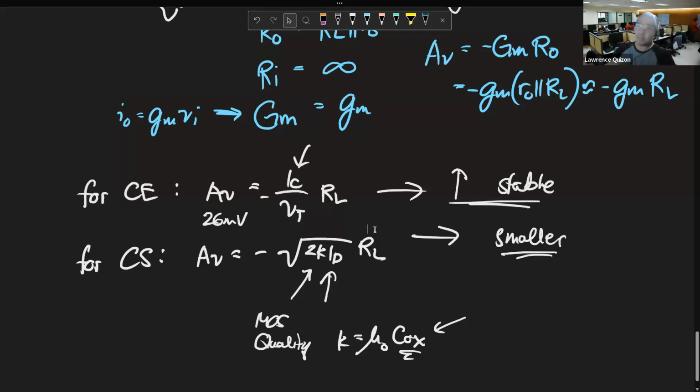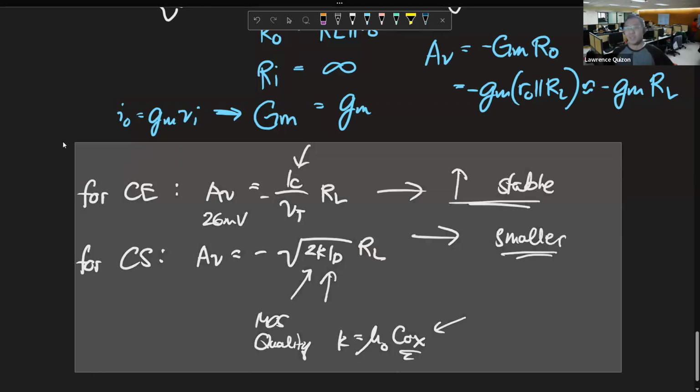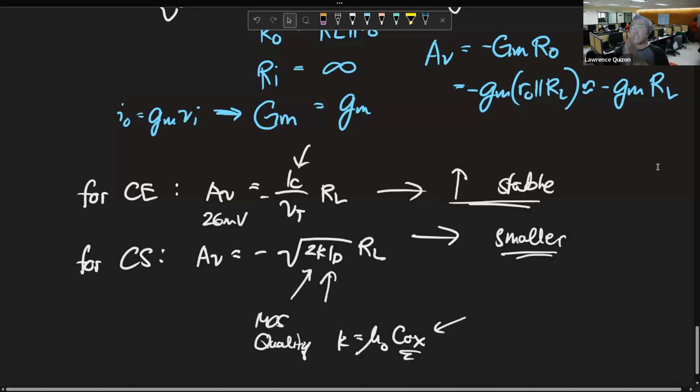For PCBs, macro scale, things where you can see the transistor, you would be using BJTs most of the time. For the black chips, you would be using MOSFETs. So those are all the takeaways I have.